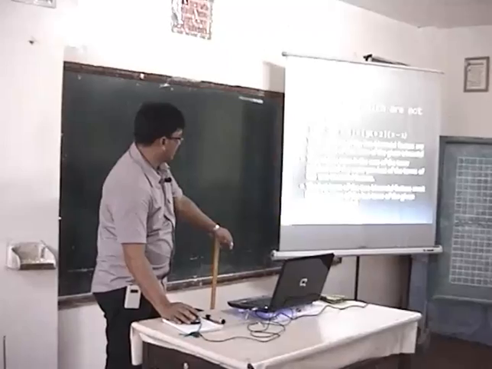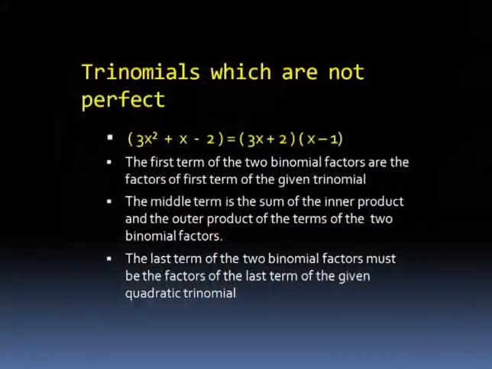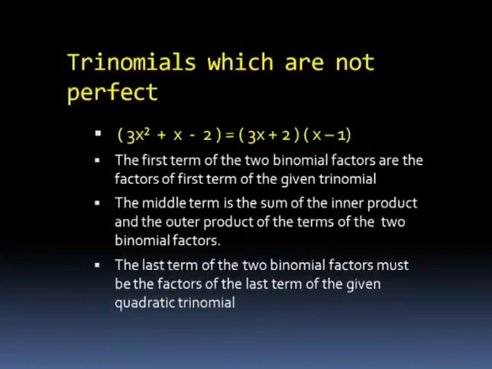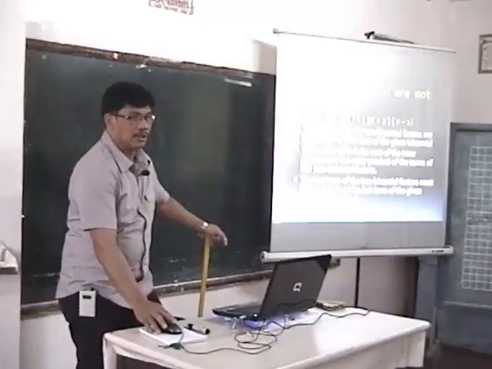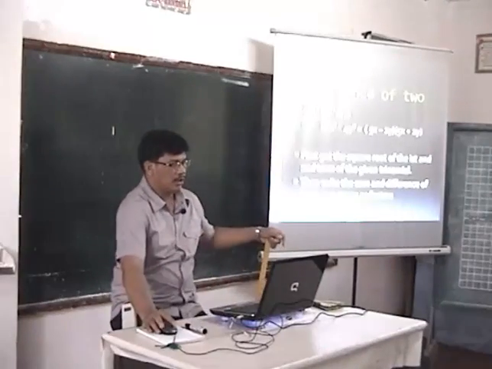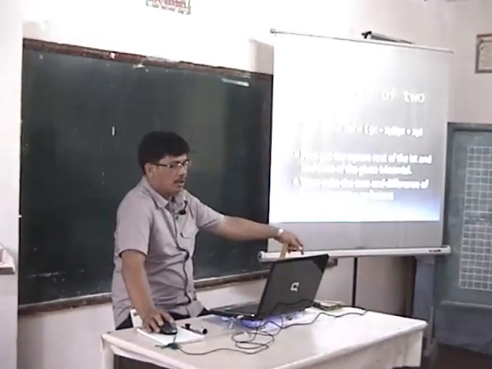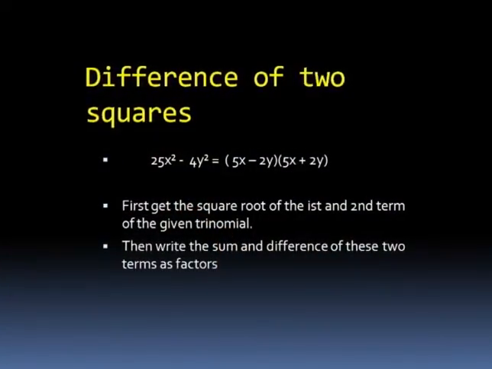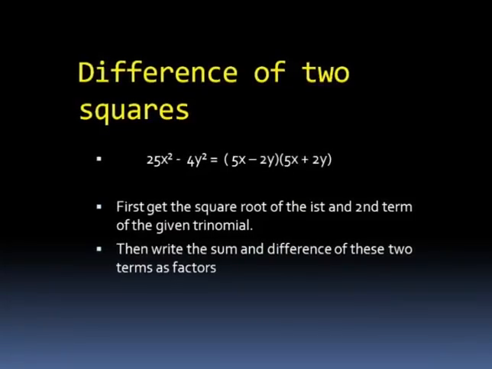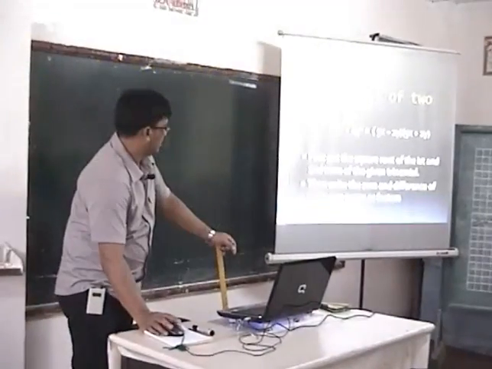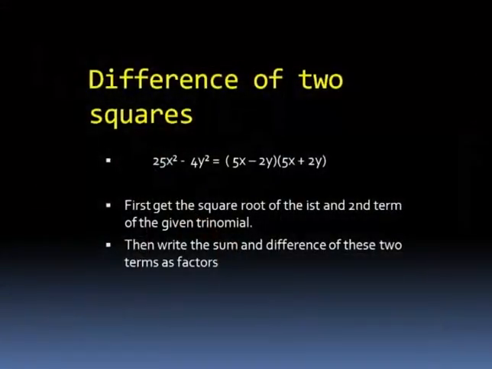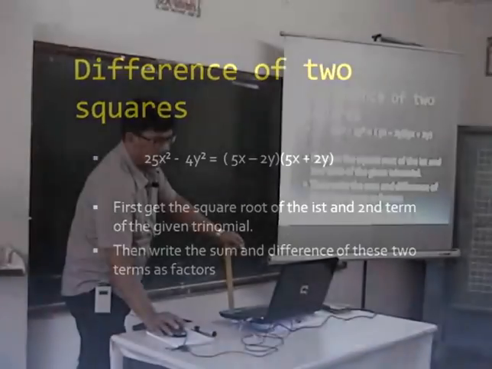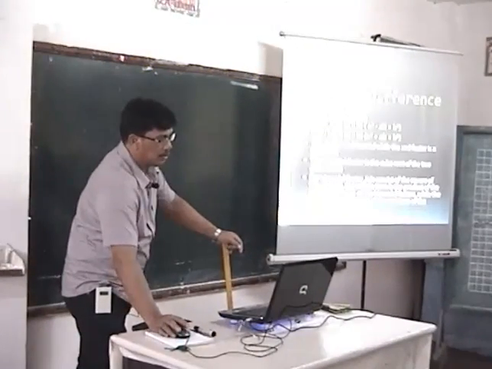And of course, the last terms of the two binomial factors must be the factors of the last term of the given quadratic trinomial. Okay. For the difference of two squares, get the square root of the first and second term of the given binomial. Then, write the sum and difference of these two terms as factors, as stated a while ago.